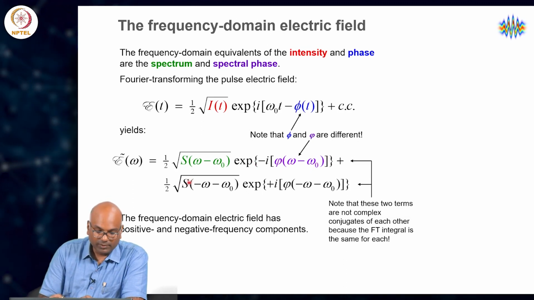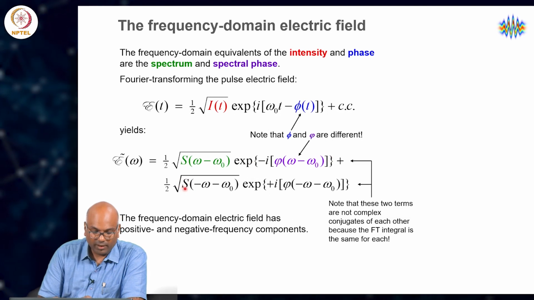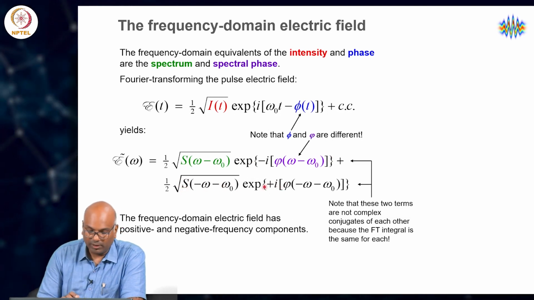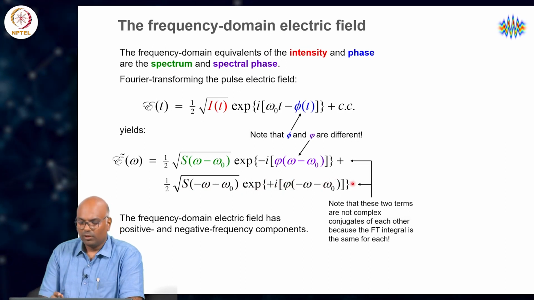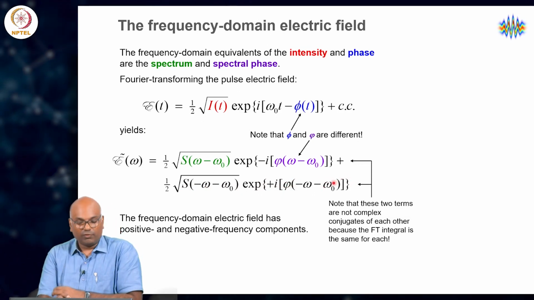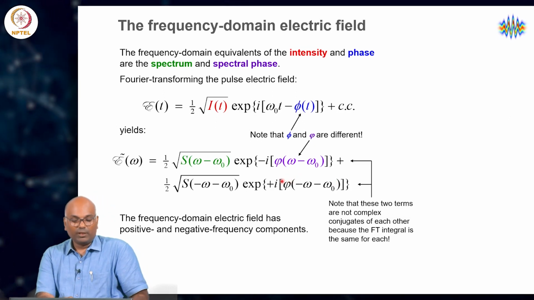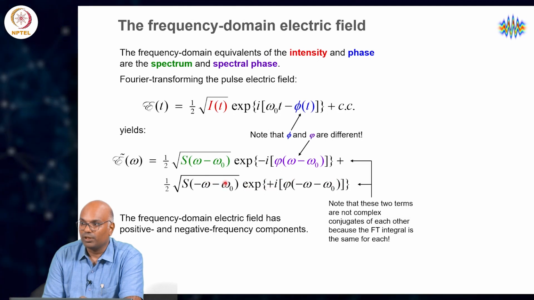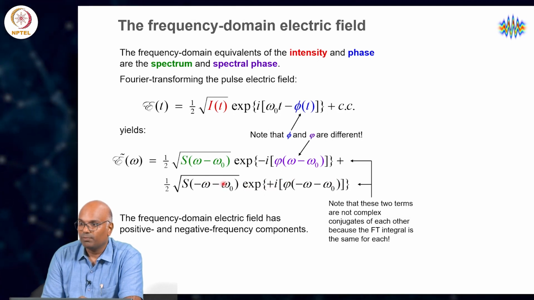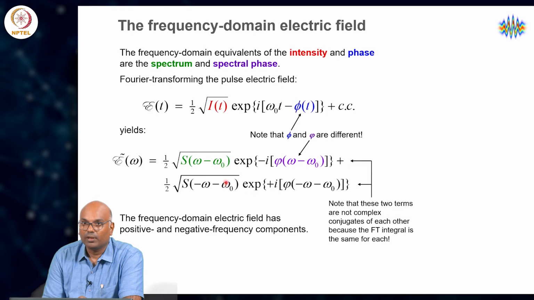The second term contains S of minus omega naught and the exponent with a phi of minus omega naught. So these are two functional forms which mirror each other on either side of the omega equal to 0 reference point on the spectral frequency scale, right?